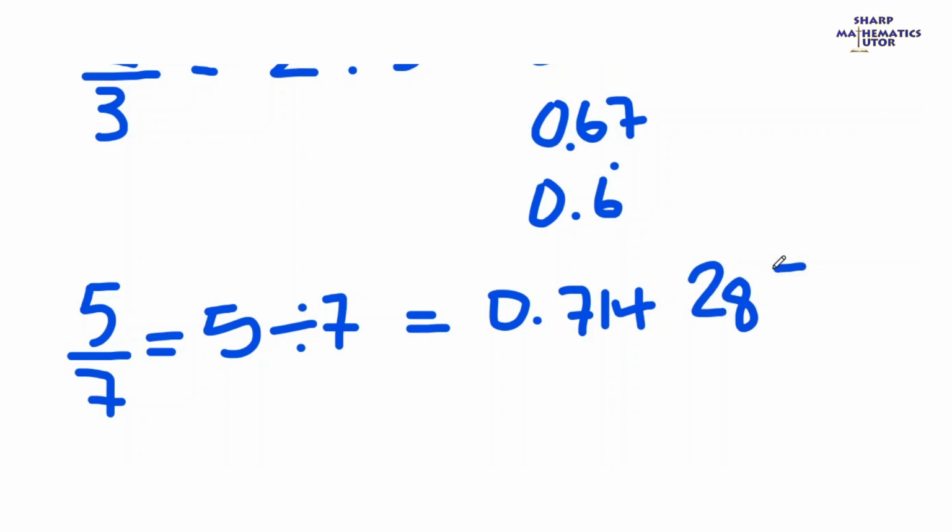And what you'll find is that this pattern of numbers continues to repeat itself, and it goes on and on. So you can just write something like this to show that it repeats, right? Or you could easily just approximate to a certain amount of decimal places. So we could approximate this to 2 decimal places, and that's 0.71, and that is it.